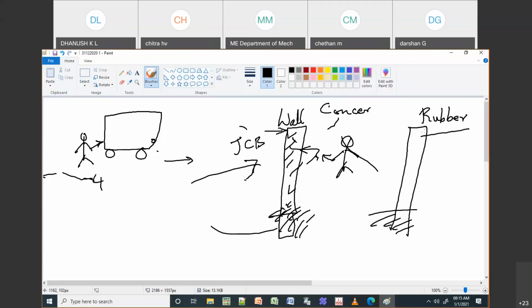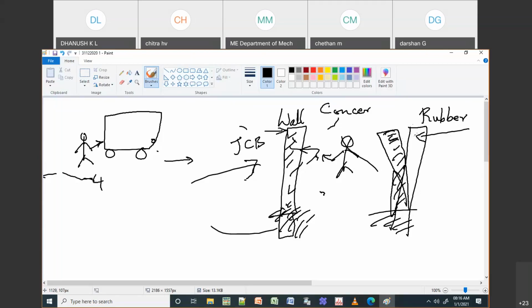Even if you apply a strong force, it will just displace, right? It will come to this new position, and as you remove the force, it will try to come back to its original position.